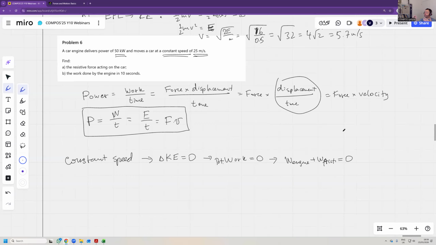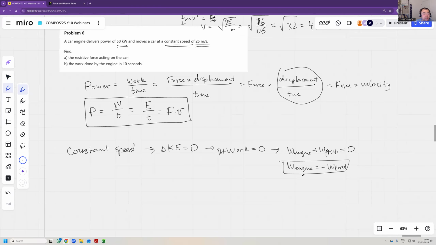By the resistive force, we mean the frictional forces, the air resistance and friction. In other words, work done by the engine must equal minus the work done by the friction. And it makes sense because the work done by friction is negative, so work done by the engine is positive. But that also means that the power of the engine must equal minus the power of the friction force.